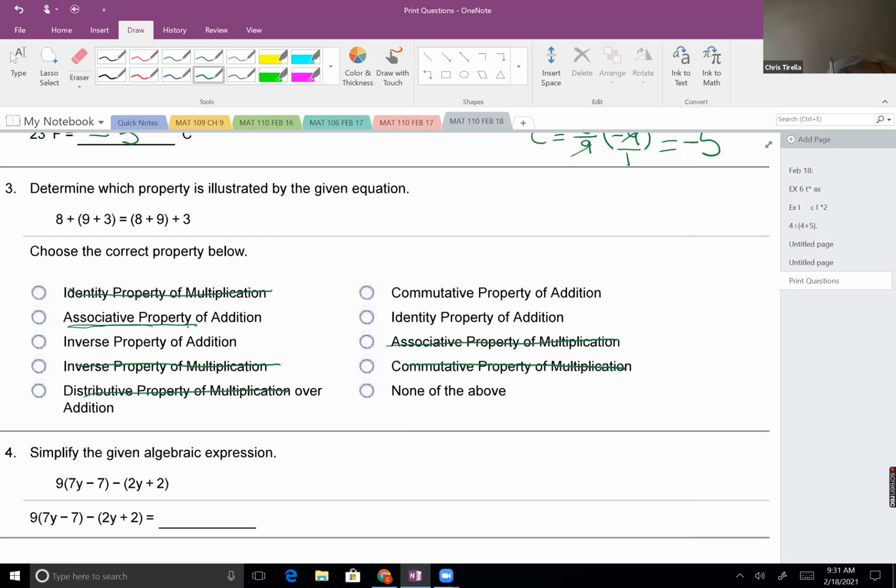It just changes grouping. Does everybody see here? The same things are being added. I'm just changing the grouping. So that's my associative property. It's not the commutative property, because for the commutative property, we change order. And we're not, the order in which they're written did not change. It's not the identity property of addition, because that would be adding 0. And it's not the inverse property of addition, because that would be adding a negative. So know your properties.